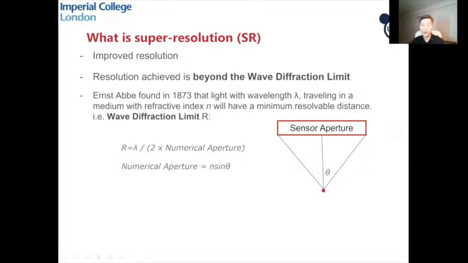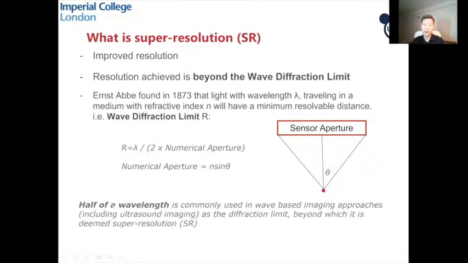If it's in the air for optical imaging, then the refractive index n is 1. And if you can increase your sensor aperture to be infinitely large, then this theta will get close to 90 degrees. Then n times sin theta will be 1. So if this numerical aperture is 1, then actually r is lambda over 2.